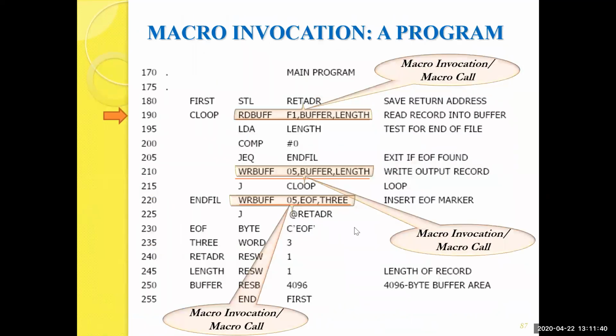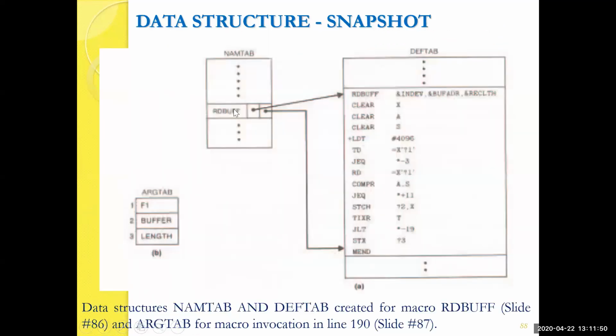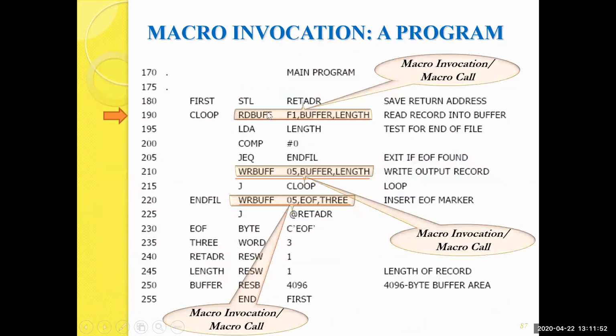The macro invocation appears in line number 190. And you see that opcode field contains the name of the macro rdbuff, which is also an entry in the name table. So this identifies a macro invocation statement, and the arguments that follow are f1, buffer, and length, which has to be substituted for the first, second, and third parameters respectively.